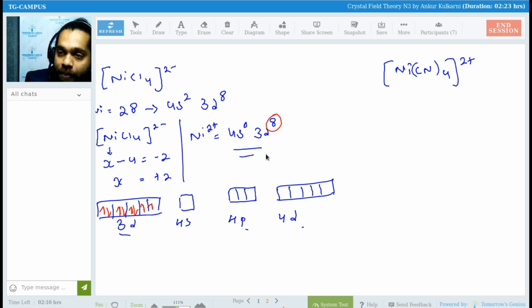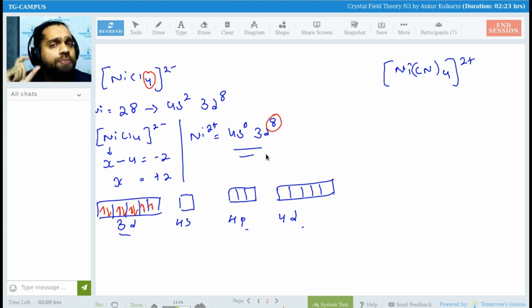But for now, remember your Cl is a weak ligand. Weak ligand does not have power to pair the electron. Simple as that. So over here, how many ligands we have? We have total number of 4 ligands, correct?